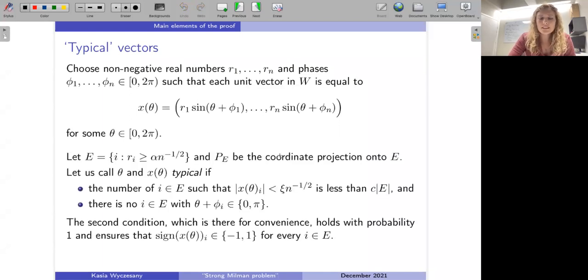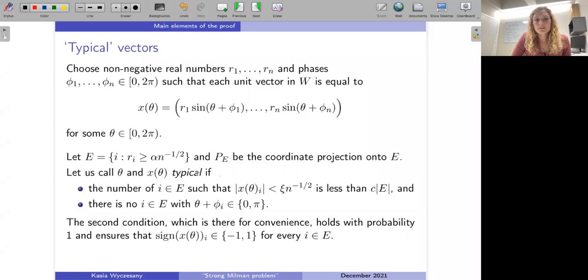And now, since we start having issues where the coordinates are very small, right? Because if the coordinate is very small, then sine becomes the whole interval between -1 and 1. So to take care of it, we consider a subset of large coordinates where alpha is chosen later as just some parameter. And we consider just the coordinates which have this large norm.